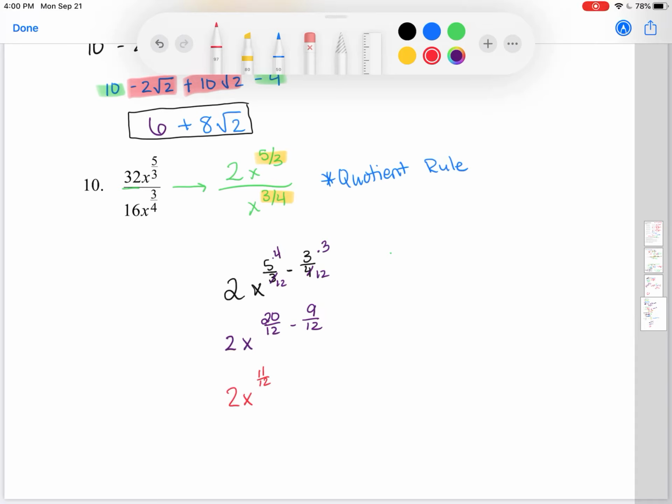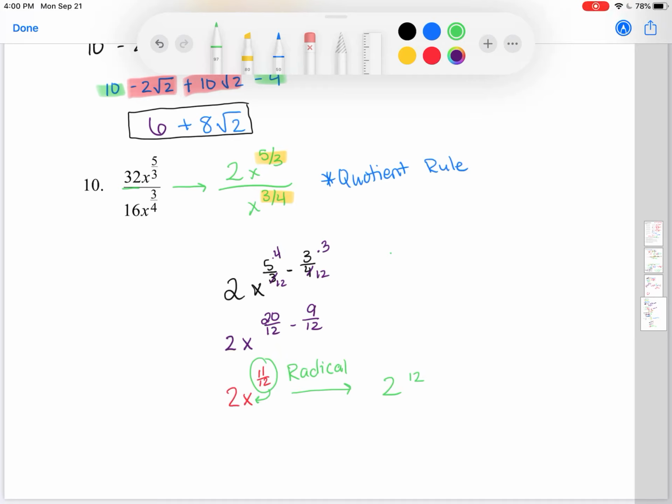Okay. We don't like fractions as our exponents because we have a rule that takes care of fractions as exponents. So I'm going to just finalize this with my radical rule and write my answer as the 2 out front, because the exponent only applies to x here.